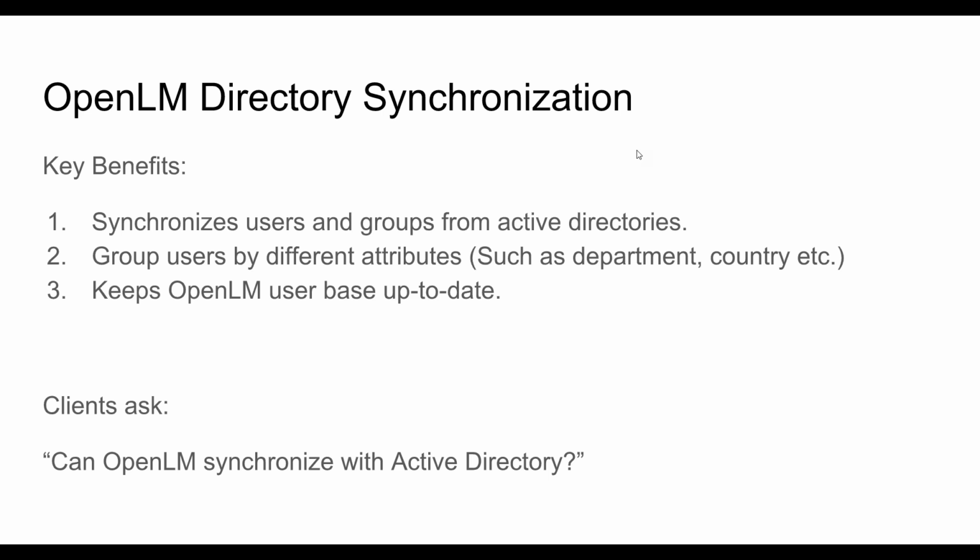So for example, you can automatically synchronize and integrate all your users and groups by their respective department, country, or organizational attribute, or even what your Active Directory actually holds.